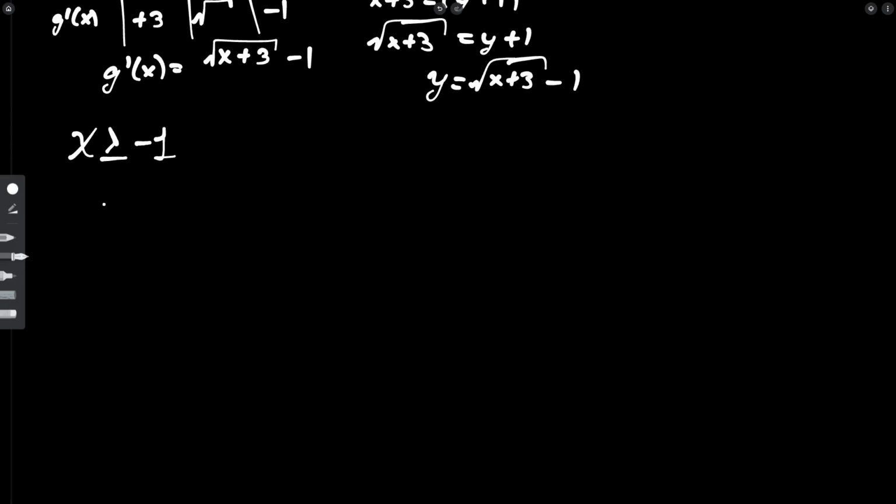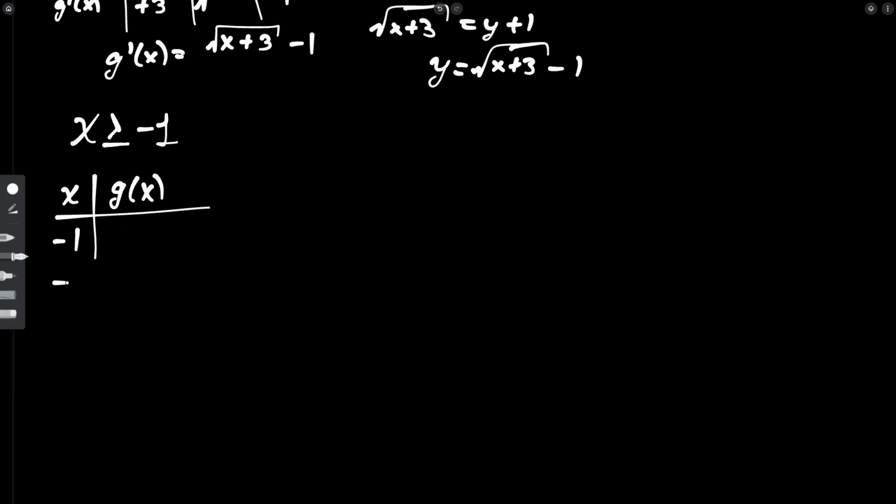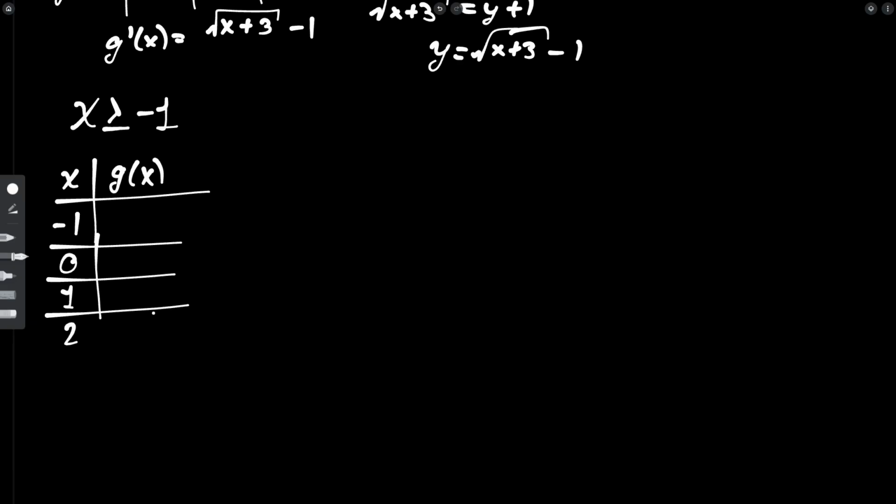So, when we create our graph and our table, we want to use x values that are greater than or equal to -1. So I'll start with -1, then I'll go to 0, and then I'll do 1, and then I'll do 2, and I think I'll try 3.